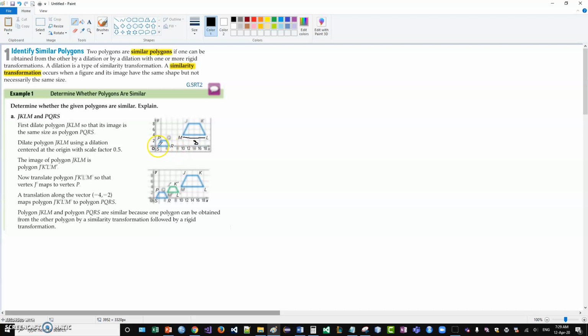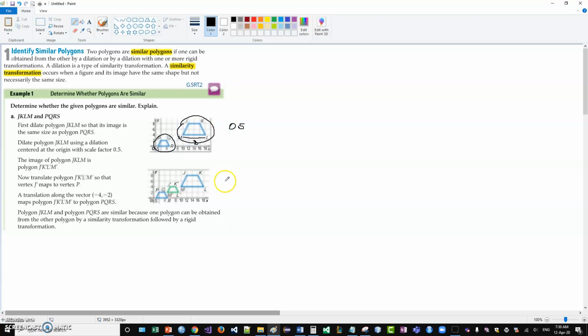And this one is 4. Same thing here. This is 4, and this is 2. So this small image is a shrinkage of this. So the scale factor is 0.5.